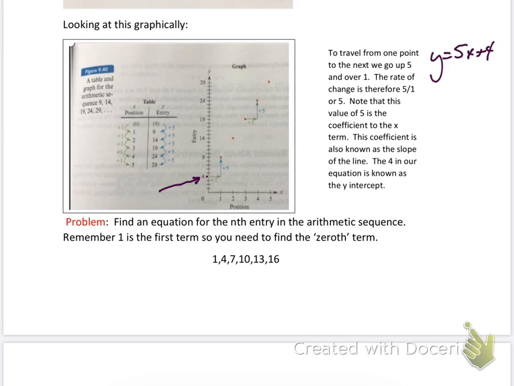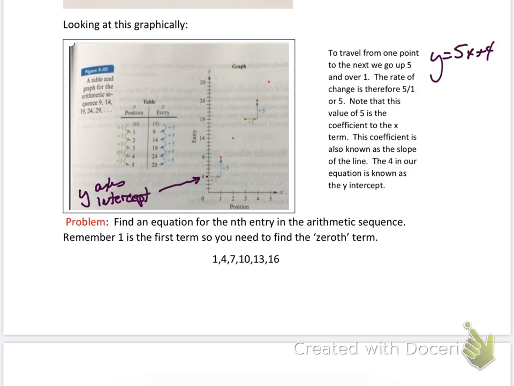Now the 4 is going to take on a special role. The 4 is the place where this discrete pattern is going to intersect the y-axis. So it's the y-axis intercept, which is usually just called the y-intercept.